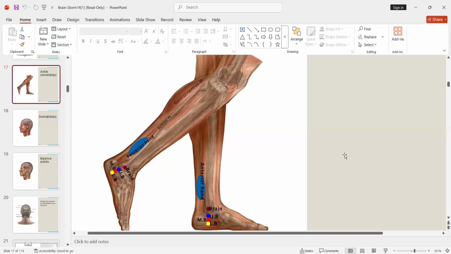And when you are not able to close your fist, and your finger flexion is not working, and you cannot hold anything, then you use the anterior hand point. Okay, do you understand?